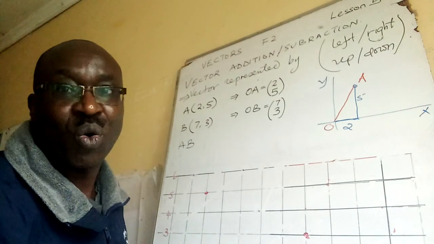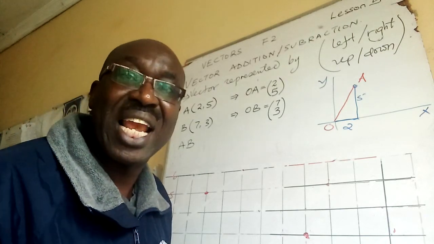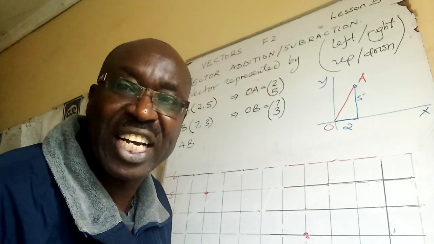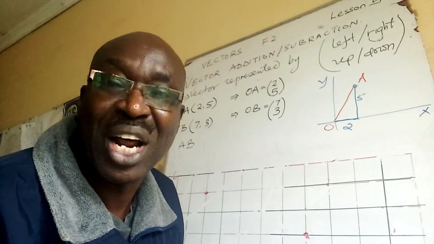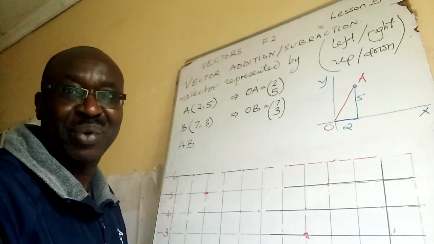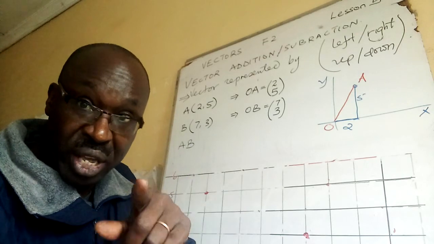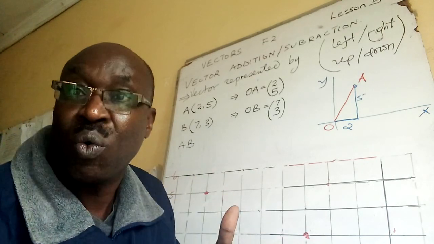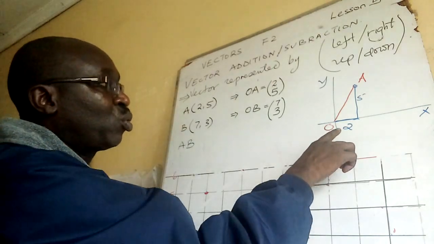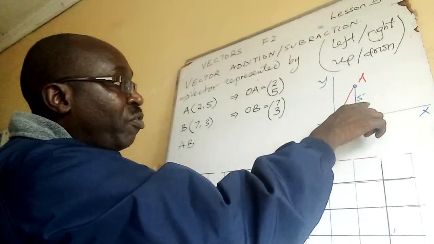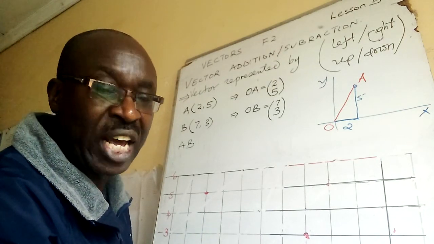Suppose I ask you, what is the length OA? You remember yesterday, the length of a vector we can measure or use Pythagoras' theorem. If this is drawn to scale, you can measure OA. Otherwise, you use Pythagoras' theorem. So what would it be? 2 squared is 4, 5 squared is 25. 4 plus 25 is 29.